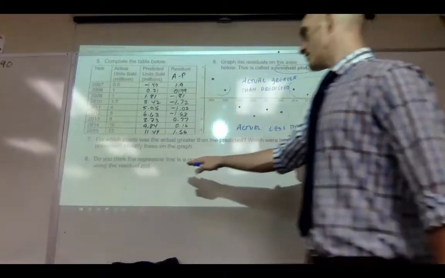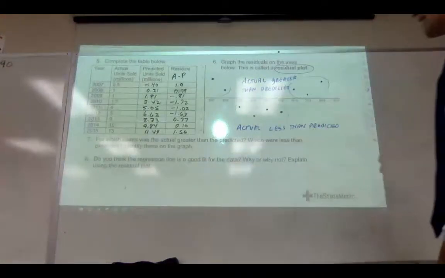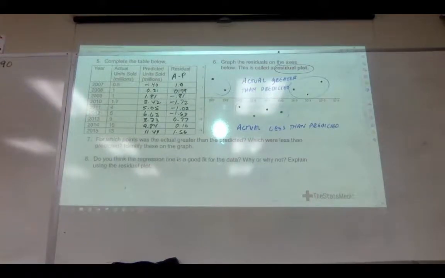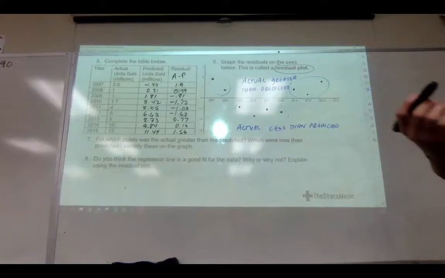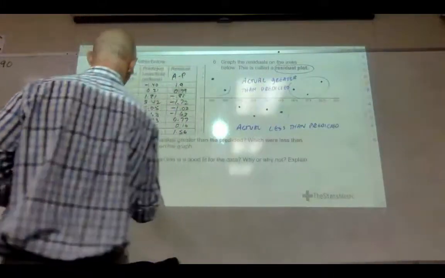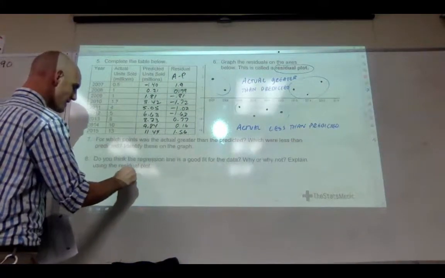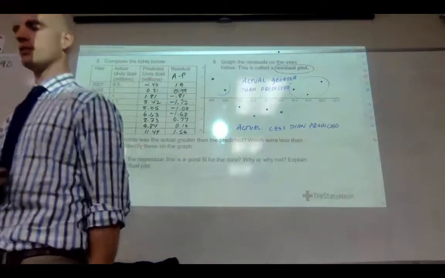So, do you think the regression line is a good fit for the data? Why or why not? Explain using a residual plot. Here's how we're going to use the residual plot. No, the linear regression is not a good fit. This is the pattern that we're going to look for.